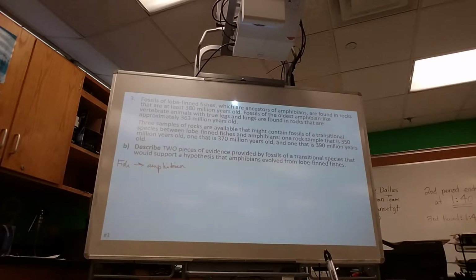So we're going from fish to amphibian. What do you have in fish that you don't have in amphibians? Gills. Okay, so we need to go from gills to lungs. But do those fossilize well? Gills don't fossilize well. They're soft tissue.